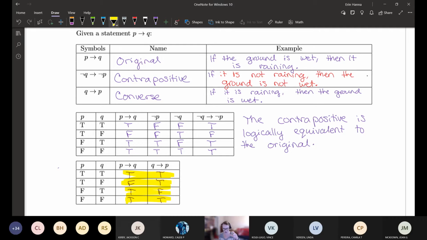Those two middle rows do not agree with each other. So the converse is not logically equivalent to the original.